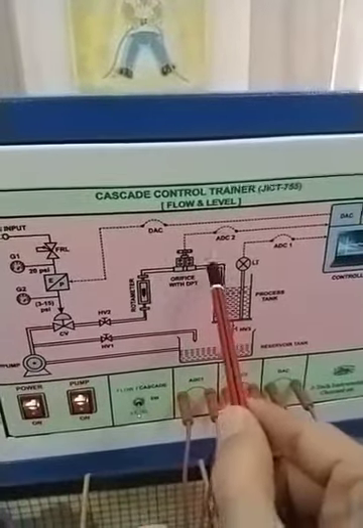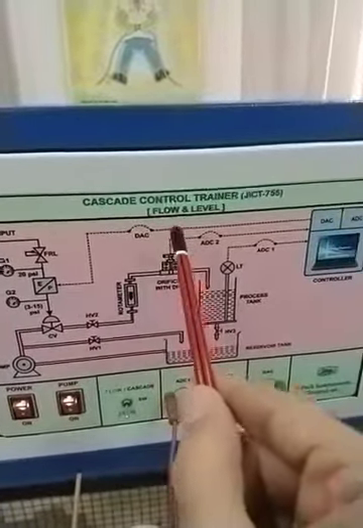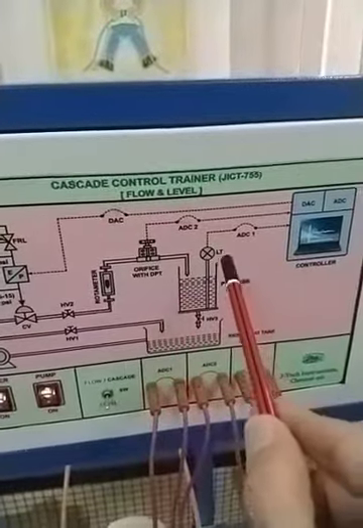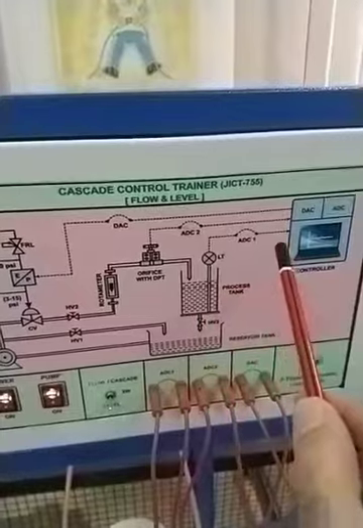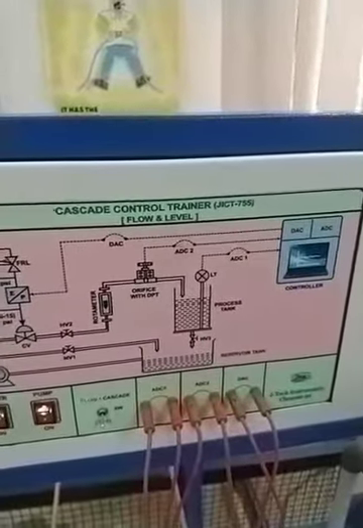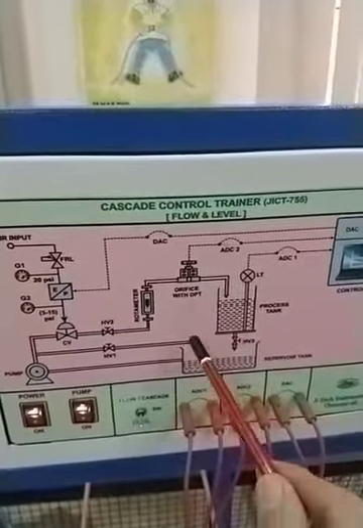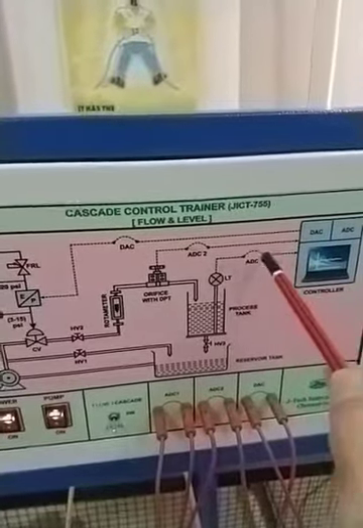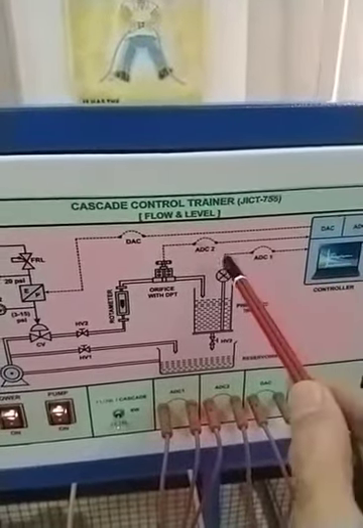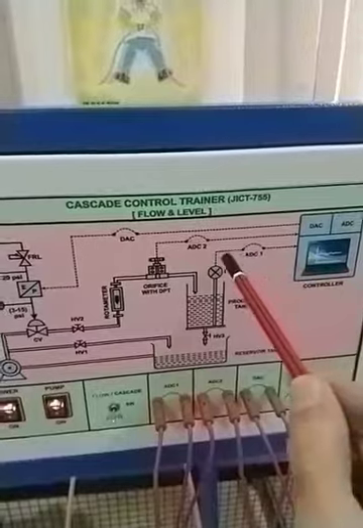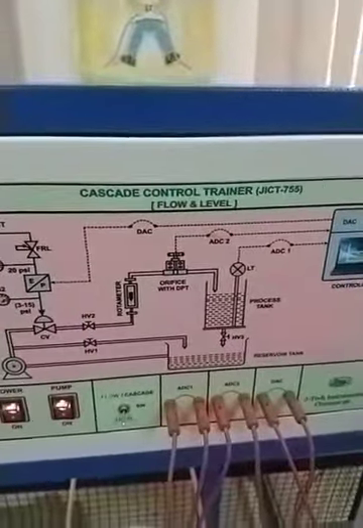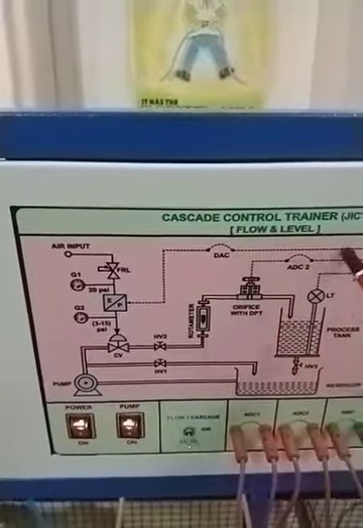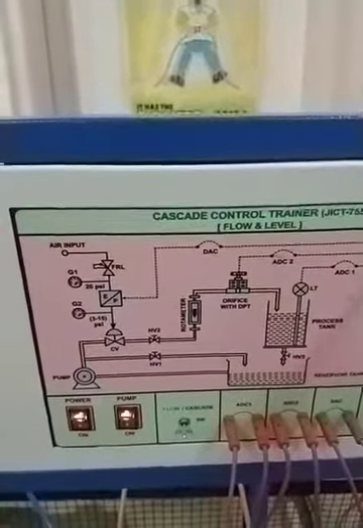Whatsoever the disturbance in the flow will be taken care of, and what should be the flow is determined by another loop, the master control, that is the one which is controlling the level. And this is ADC which is giving the input from analog to digital, and this is another ADC which is converting analog to digital.